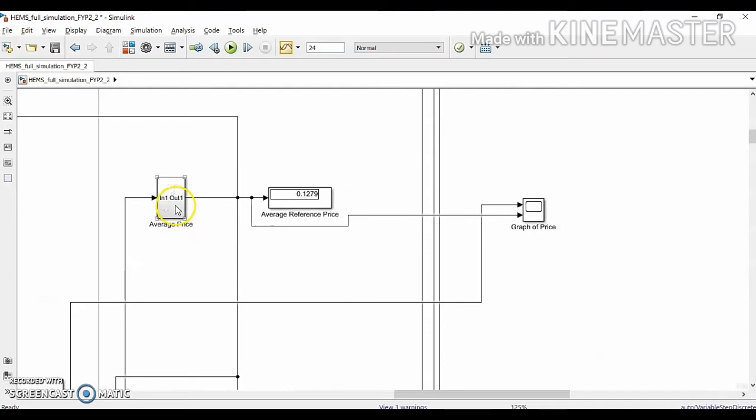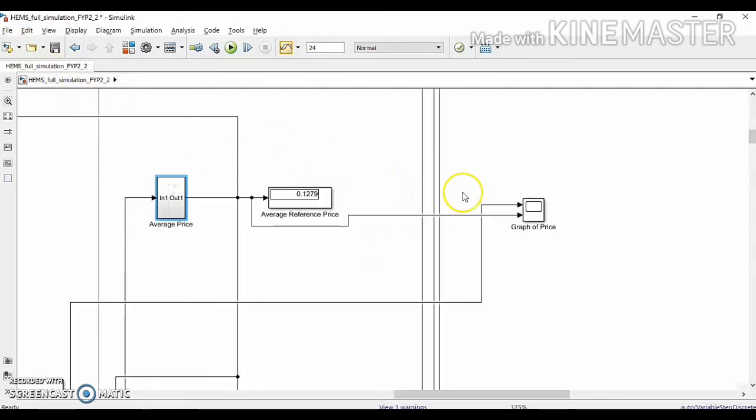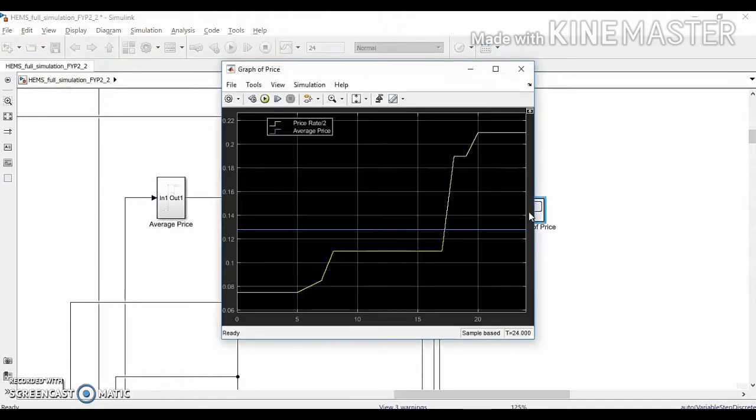For the average price, I summed the price rates of all the hours and divided by 24 to get the average price, and I need to get the graph for that.